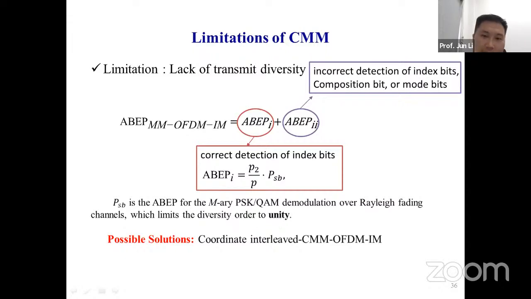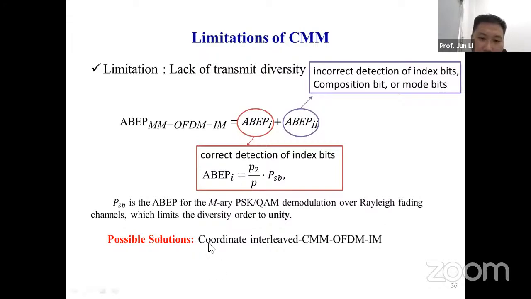So how to increase the transmit diversity? I nowadays haven't found any good method. Maybe someone interested can try this topic.